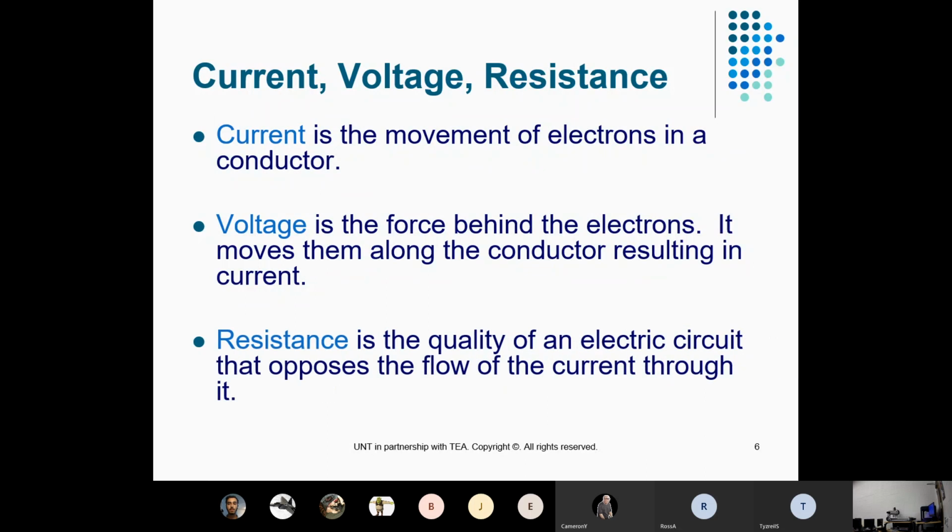Resistance. Resistance is the opposition of that flow, or of the current. So it's what's pushing back or keeping the current from going as fast as it wants to. Most of the time they call resistance control. So it's kind of what controls the current. By adding or reducing resistance, you can change how much current you actually have flowing through a device.